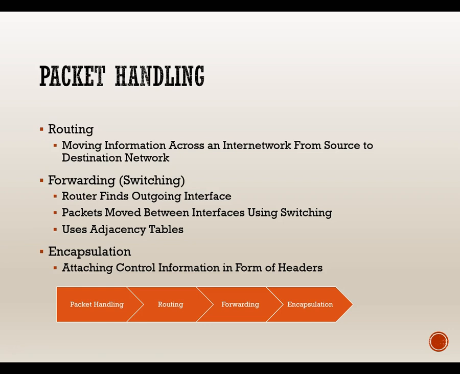So routing is moving the information. Forwarding or switching is the router finds the outgoing interface, and then the packets are moved between the interfaces using switching, and it uses an adjacency table. An adjacency table is basically what would look very similar to the MAC address table in a switch.